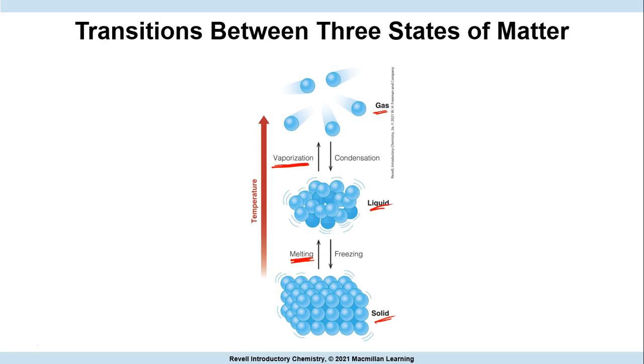When it condenses, it falls back into the liquid state. When it is evaporating, that is vaporization. When it gets to the gas phase, it condenses on the lid and falls back. So it moves from gas to liquid.